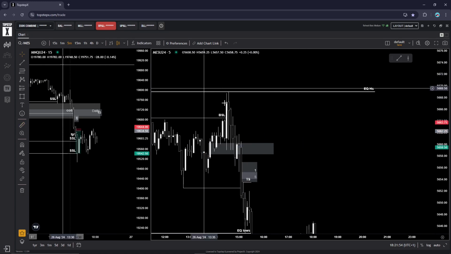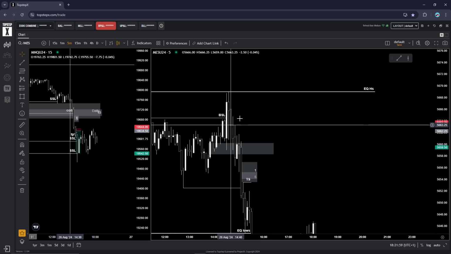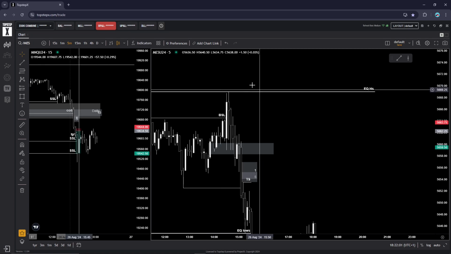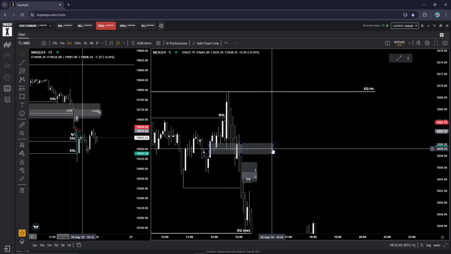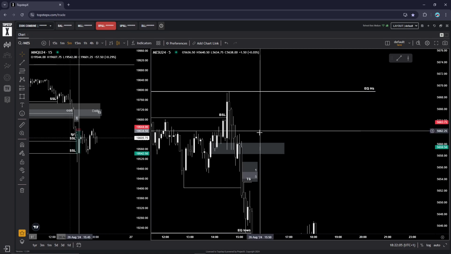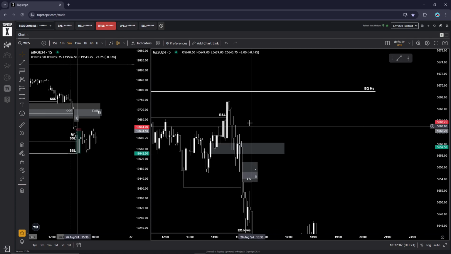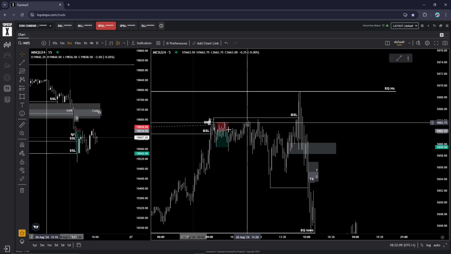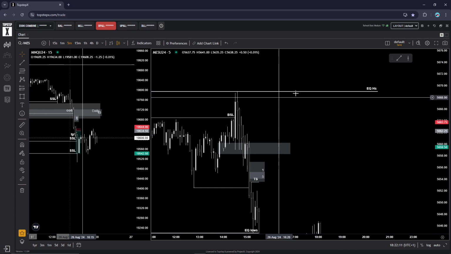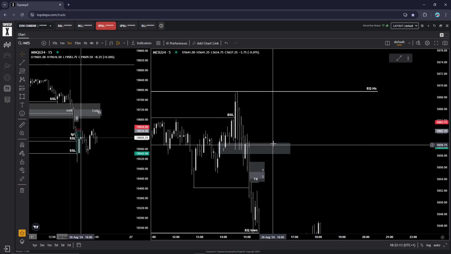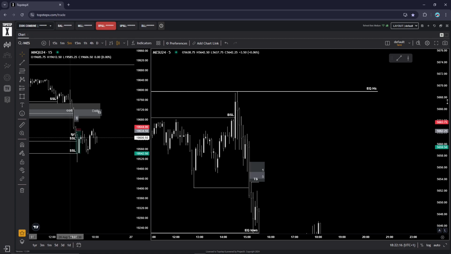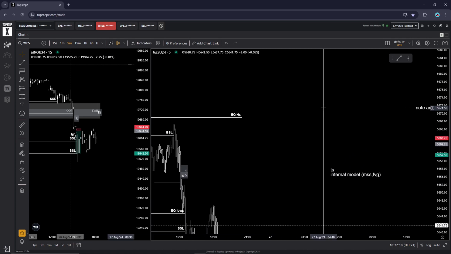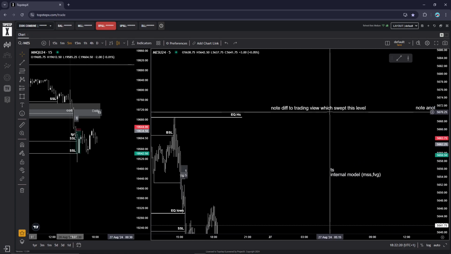In any other normal model, yes, we've swiped buy side, so we're not looking for longs anymore, but with this equal highs creation and with a 5 minute fair value gap here, you can still look for longs in this specific scenario. But then I was like, yo, buy side's been taken, and on TradingView it's been taken. I'm not going to look for longs, so I took off everything related to a long bias there.